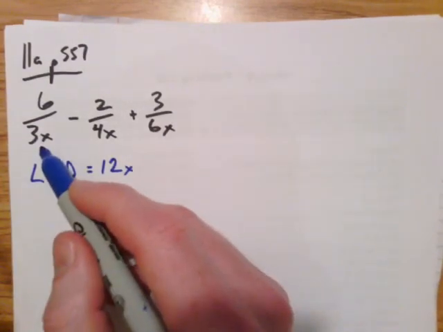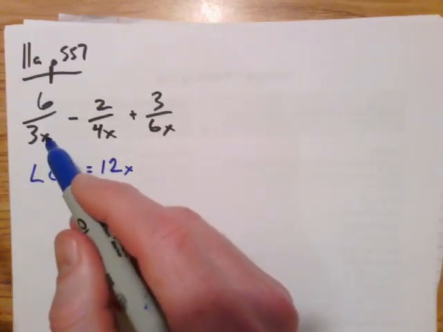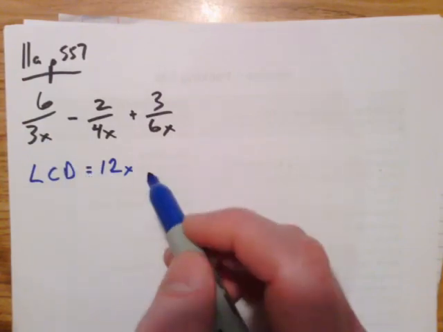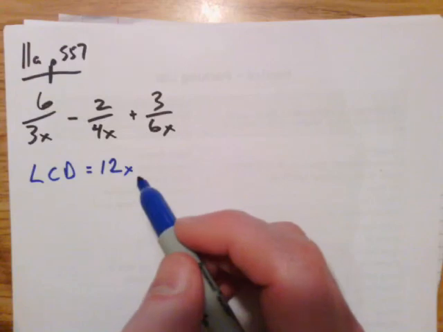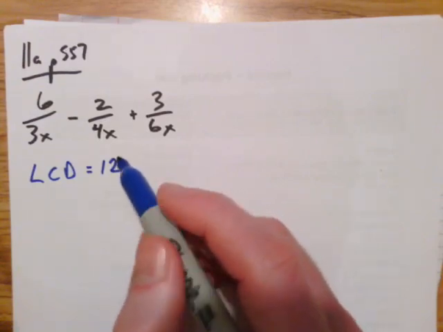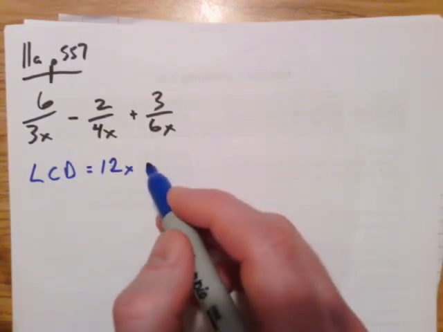Now in future questions, like I'm looking at question 11D, it's got j and j squared on the bottom, and then just a 2. For those, if you're looking at 11D, page 557, it's got a 3j, 5j squared, and 2.